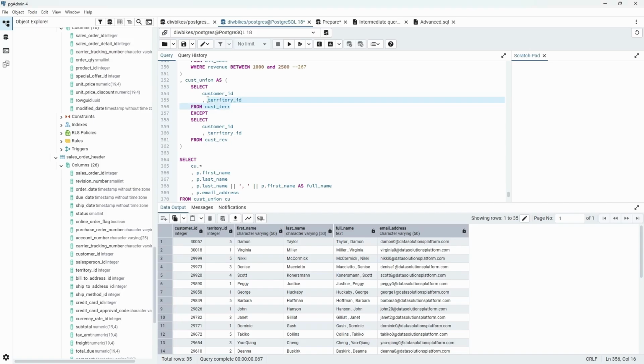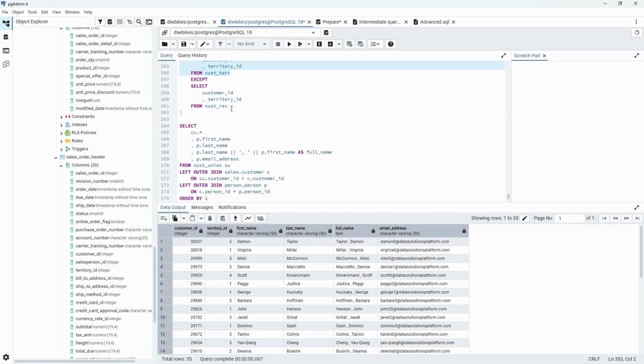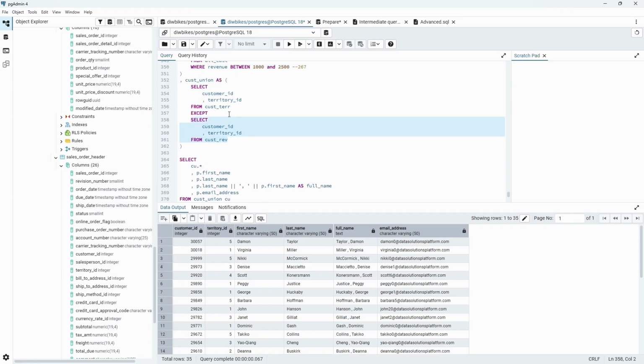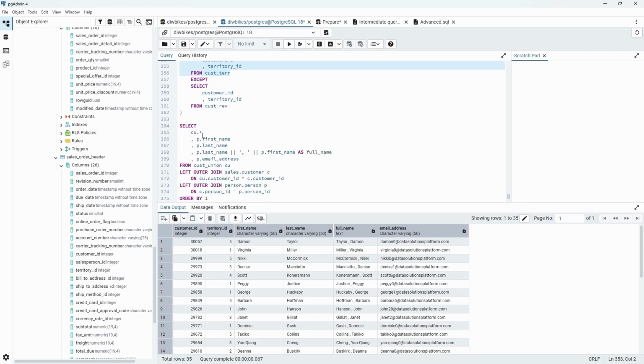Now, here you can see we have this query that satisfies one criteria. This is customer territory, and then we are also comparing with this query that has the revenue criteria. What we are saying here is basically to return customers and territory that are in this query but not in this query.